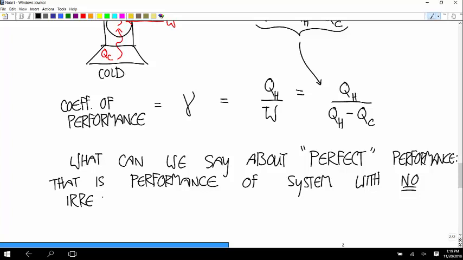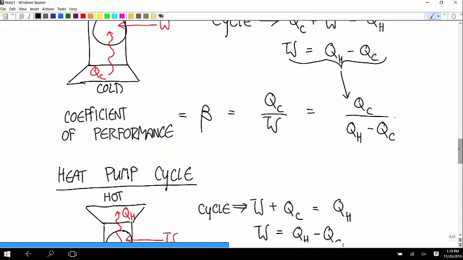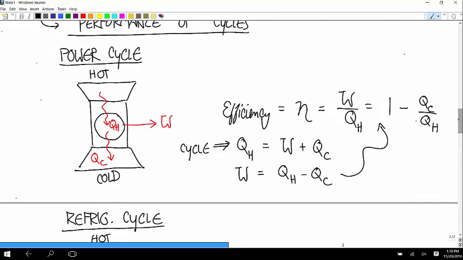Well, I guess in a way, it depends how you define perfect. If you look at the heat pump cycle, if you define perfect as getting work out of this thing and you don't have to put any energy into it, that's perfect in some sense, but we already know that's impossible just from conservation of energy.